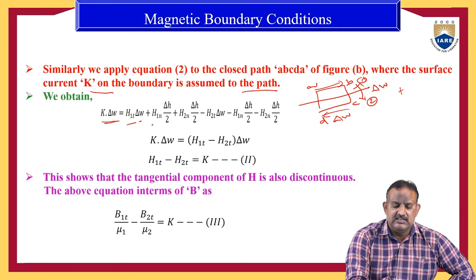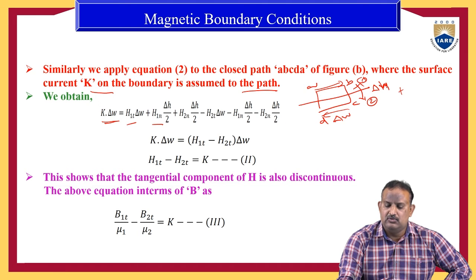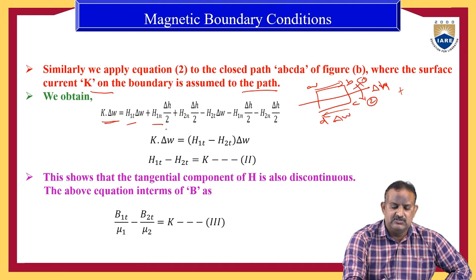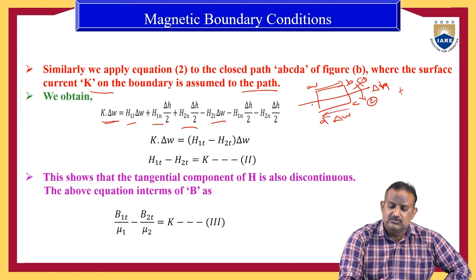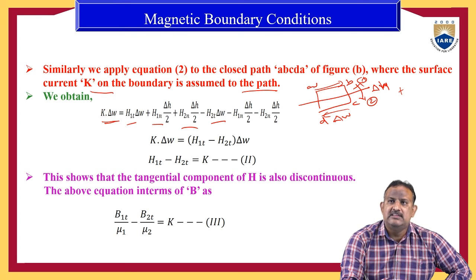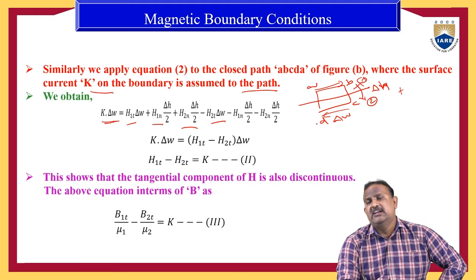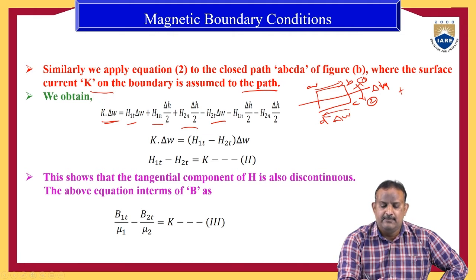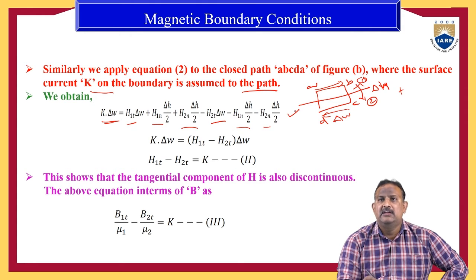Therefore it is H1N into delta H by 2 plus H2N into delta H by 2, next minus H2T into delta W. Then the path from D to A is again negative, with half of the path in media 2 and half in media 1, so it is minus H2N into delta H by 2 minus H1N into delta H by 2.